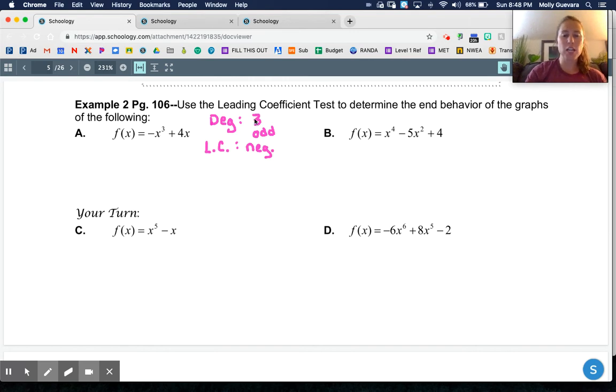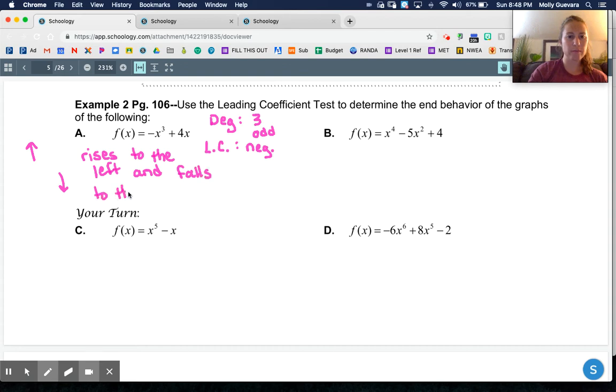So since it's an odd degree that has a negative leading coefficient, it rises to the left and falls to the right. So we say rises to the left and falls to the right. Right, so on the left-hand side, it goes up, and on the right-hand side, it comes down.